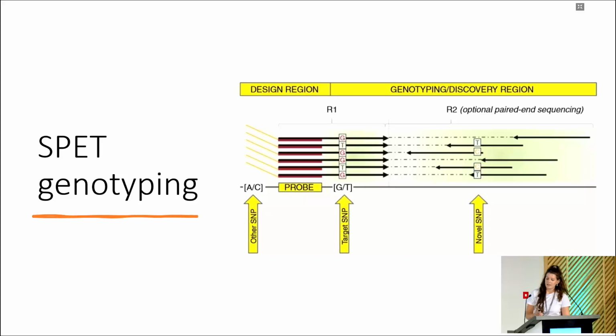And we used the SPED genotyping. I will very briefly explain that here you have one target SNP, which is known to be heterozygote, and then you can capture within 100 base pairs some novel SNPs, 2 or 3.